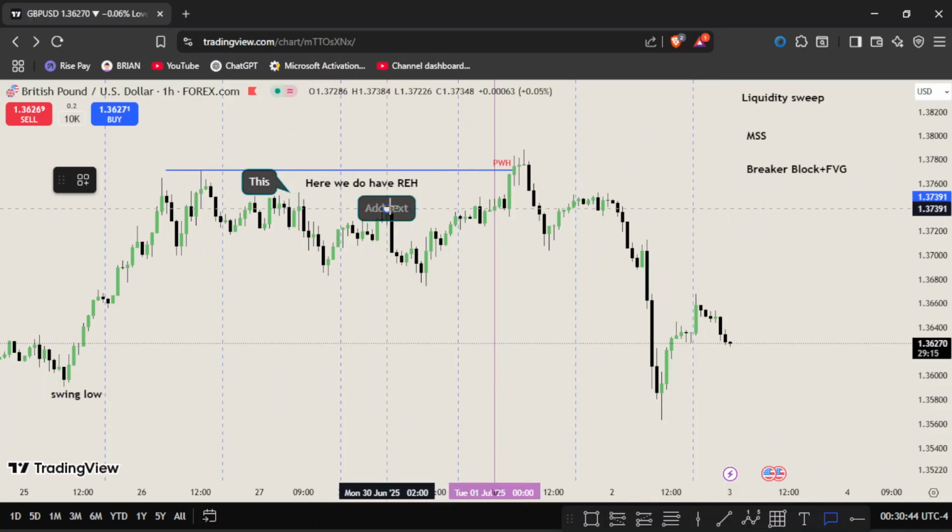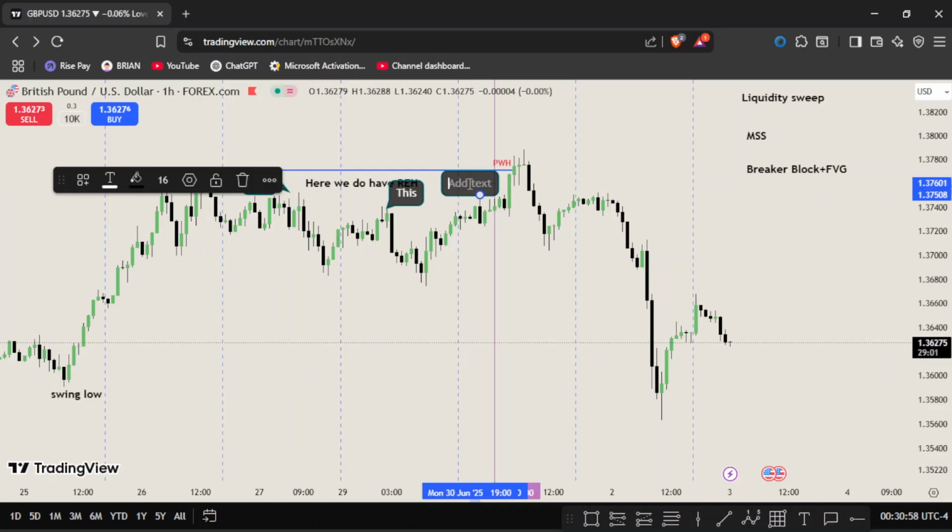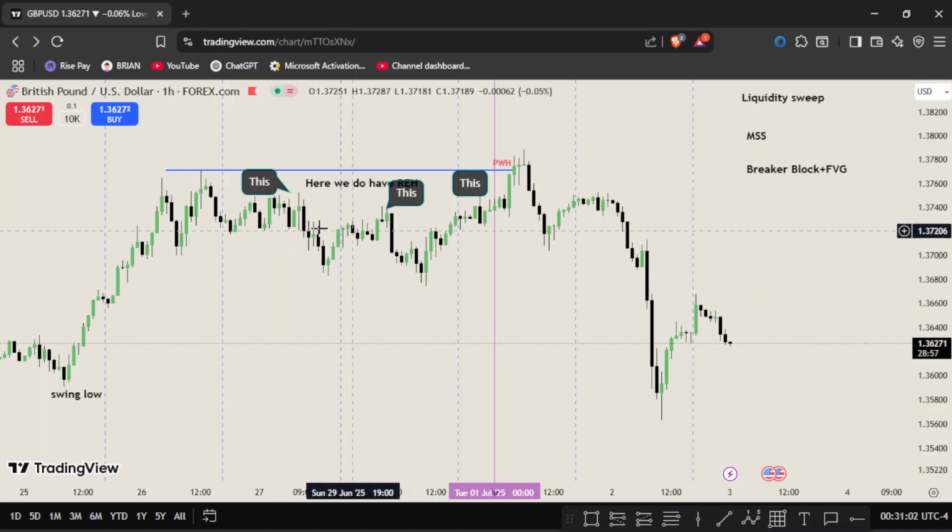You can see this is another high, not taken out by the previous, not taken out by the next high. We have this, and we also have this. Ain't all these relatively equal highs?